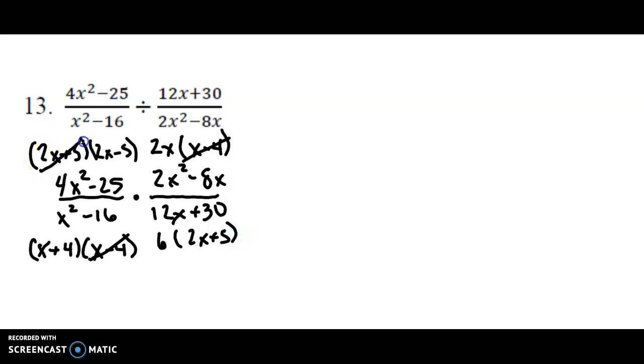And our 2x plus 5s can cancel out. One last thing I want to check is I see the 2 and the 6. They're both monomials now, and so I can simplify that. So this one is going to become a 3, and this one is going to become a singular x.